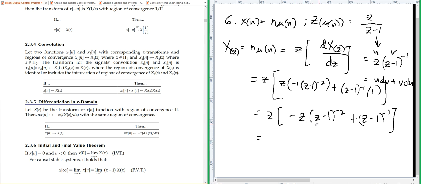Simplifying, we get negative z plus z minus 1 over z minus 1 squared.